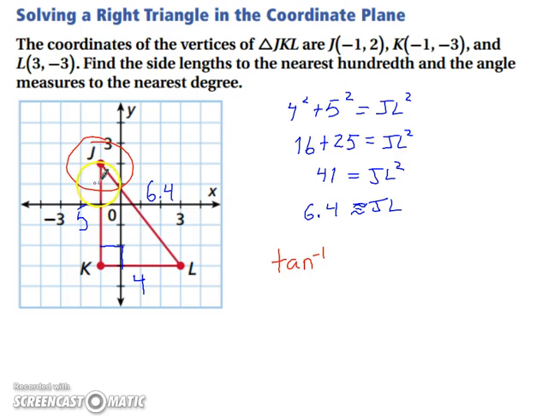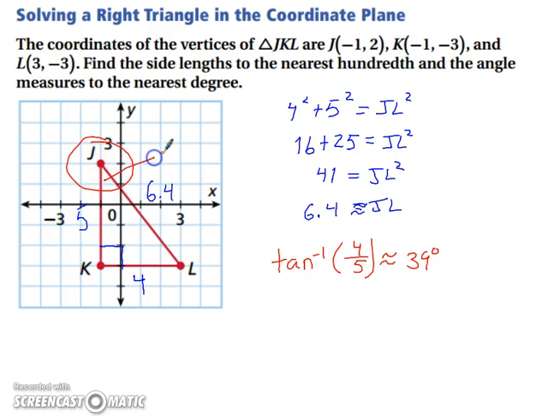Alright, now we have two angles left to find. So why don't we just start with angle J? Since these two are nice and don't have decimals, why don't we use tangent? So opposite and adjacent. We're trying to find an angle measure, so that's why we're going to use the tan inverse here. And since we're using tangent, we've got to do opposite over adjacent. So 4 over 5. You can use sine and cosine. If you used sine, you would have just had sine inverse of 4 over 6.4, and you would have gotten about the same answer. In this case, the tan inverse of 4 over 5 is about 39 degrees.